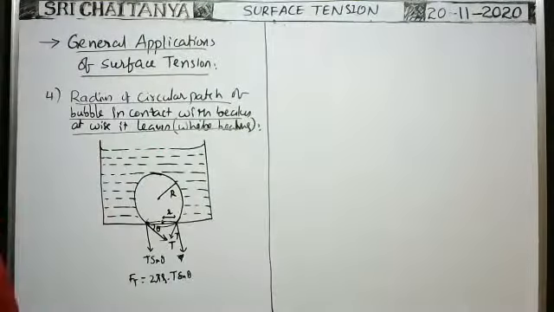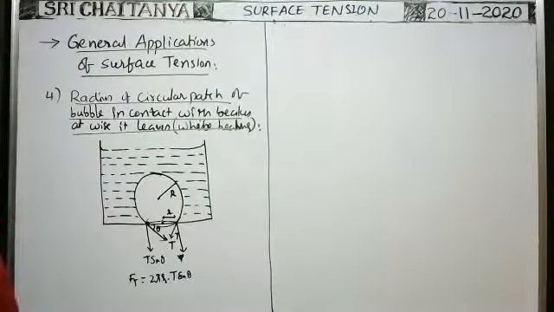Whenever the surface tension force balances the buoyant force, up to that it will stay there. Whenever the buoyant force dominates the force due to surface tension acting on the bubble in the downward direction, then it leaves contact.